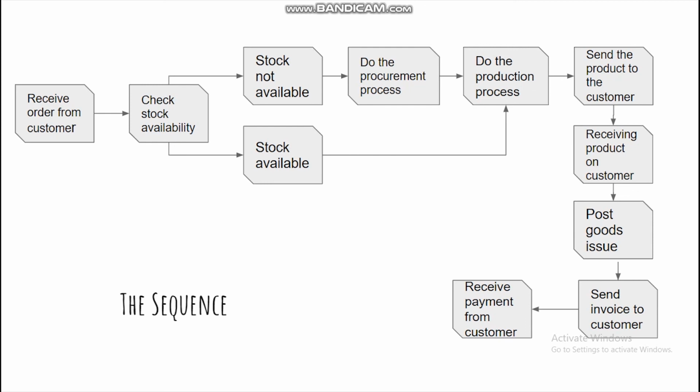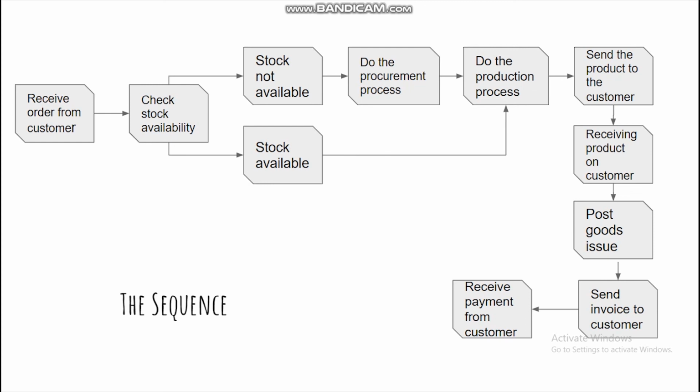There will be two options. The first option is the stock is available, and the second option is the stock is not available. If the stock is available, we can carry out the production process.